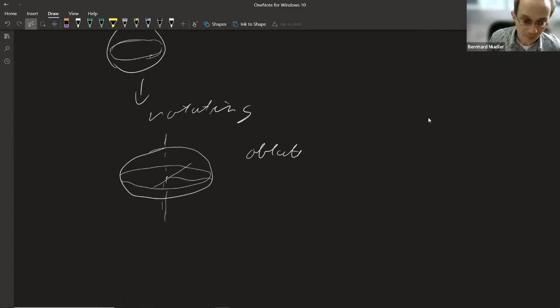But it's still going to be rotationally symmetric around this axis here.